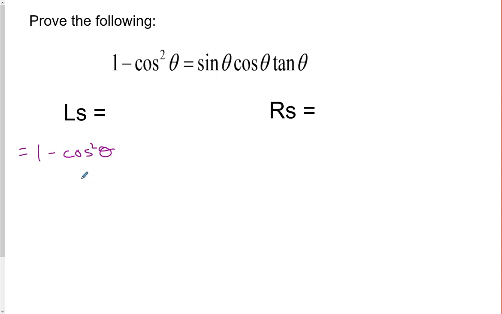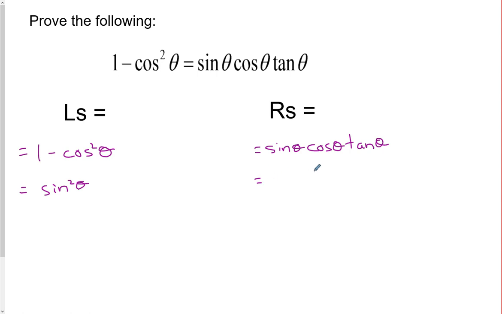Oh, that's actually one of my trig identities. 1 minus cos squared theta is equal to sine squared theta. So I think I've done as much as I can on the left side. Now I need to work on the right side and try to prove that it's equal. So here we go. I've got sine theta times cos theta times tan theta.